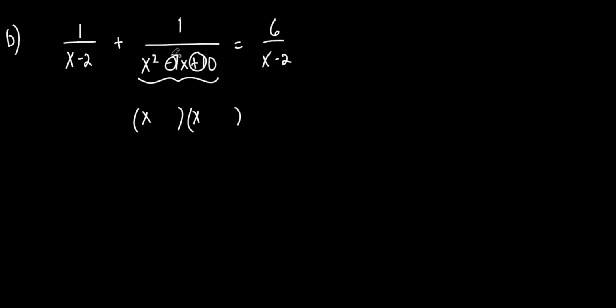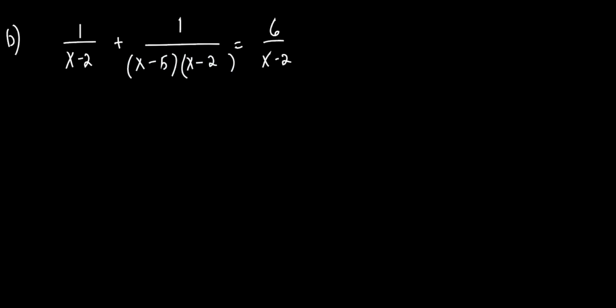If they add up to be a negative 7, they can't both be positive, so they both have to be negative. So this is going to be x minus 5 times x minus 2. Everybody see that? That's basic factoring. We're ready in my Algebra 2 class to take a test on that, and that's some of the easier stuff that we did. So I'm just going to put it right there so I don't have to rewrite everything.